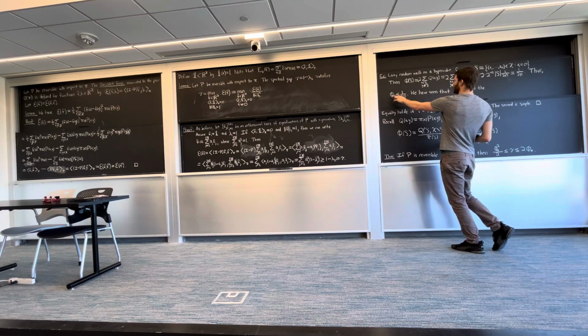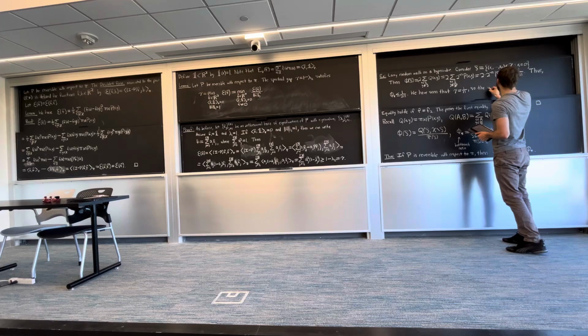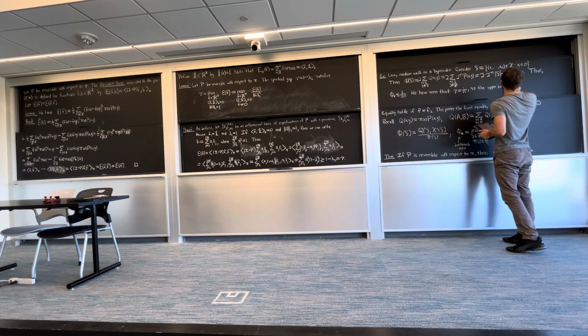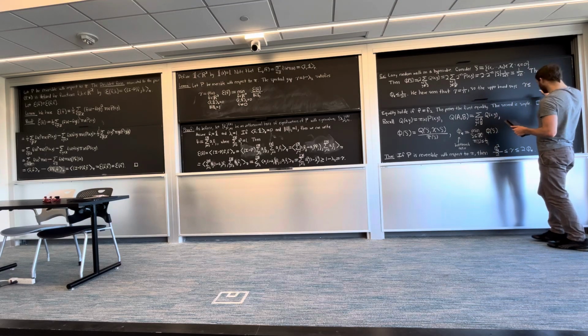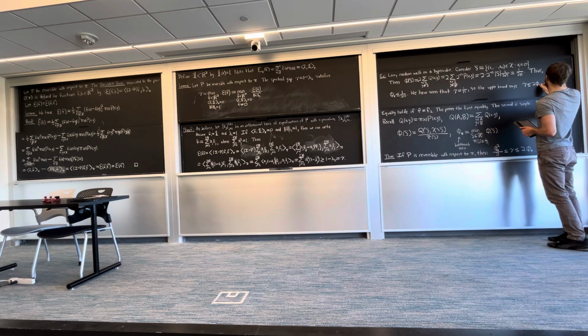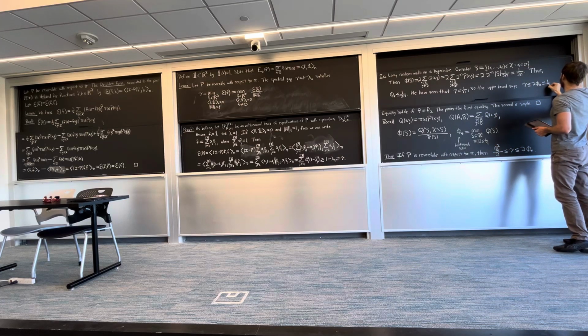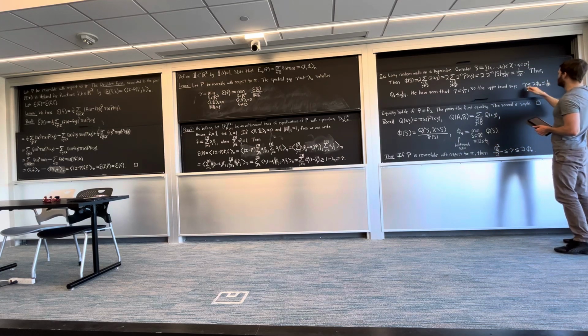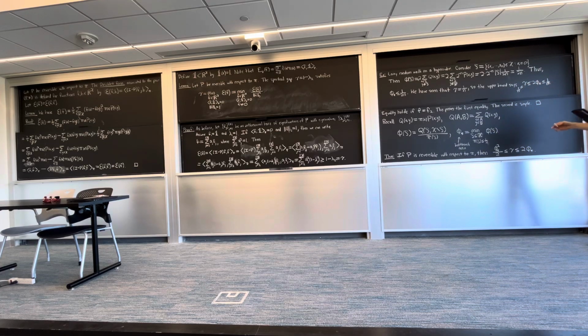The upper bound says gamma is less than or equal to 2 phi star, but 2 phi star is less than or equal to 1 over n, and this is also 1 over n. So in fact, everything here is equal, so the upper bound is tight in this example.